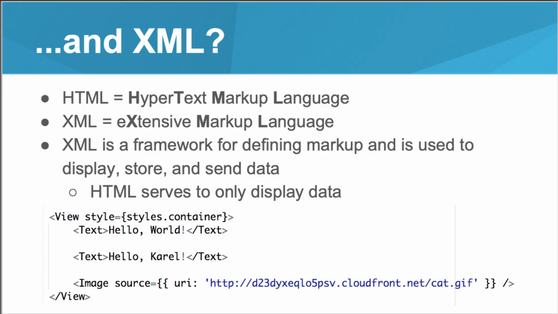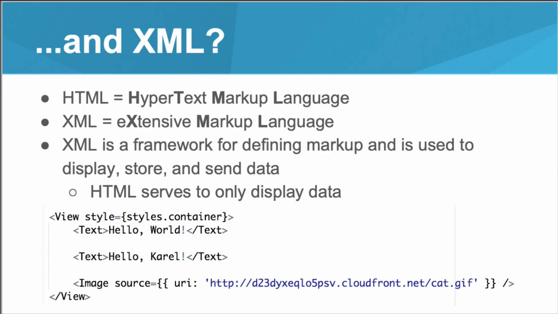XML is Extensible Markup Language and is a framework for defining markup that is used to display, store, and send data. It provides more options when dealing with data. The syntax is somewhat similar to HTML, with open and closed tags. However, XML is not confined to the predefined elements seen in HTML, like headers, tables, and so on.